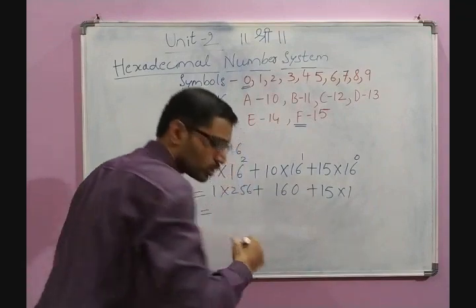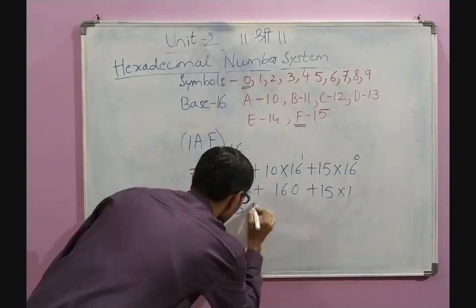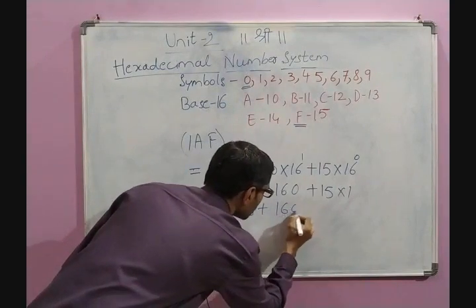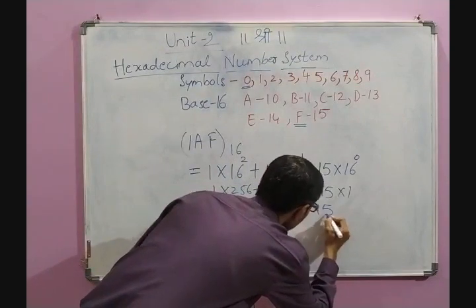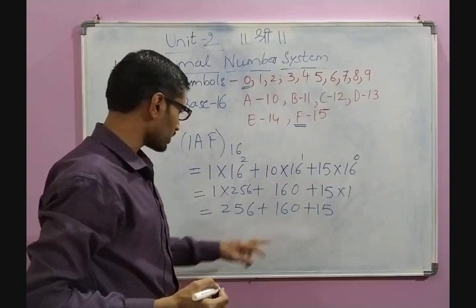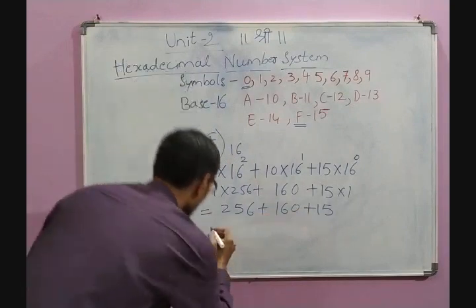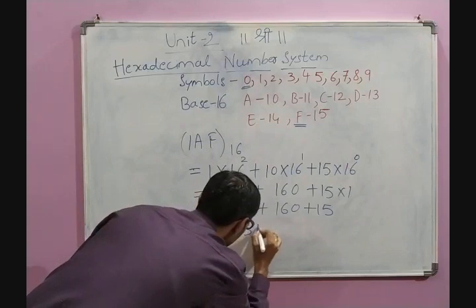So the total comes out to be 256 plus 160 plus 15. Together, if we add 256 plus 160 plus 15, it comes out to be 431 to the base 10.